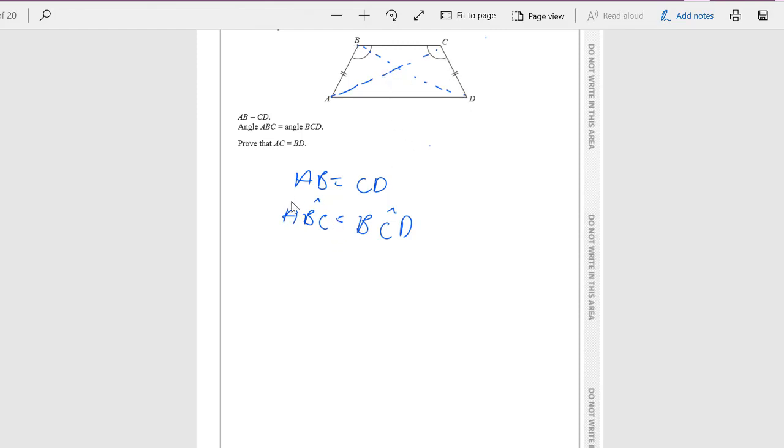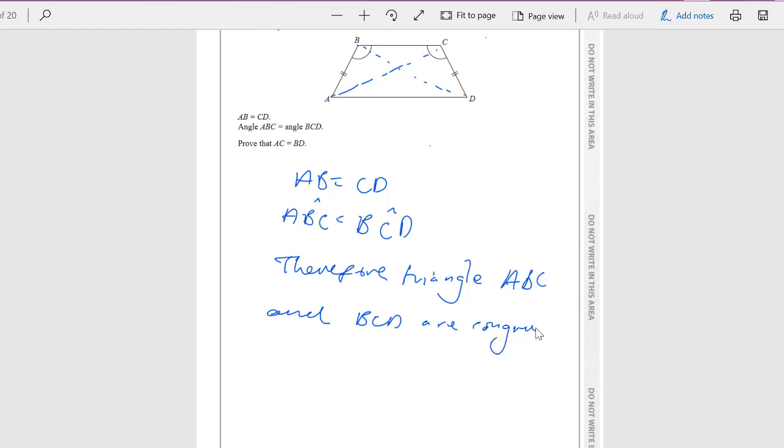So therefore triangle ABC and BCD are congruent. So then that means SAS, and therefore AC equals BD.